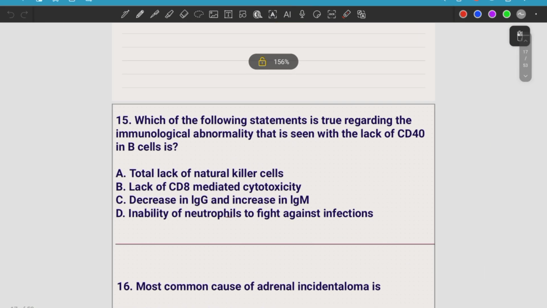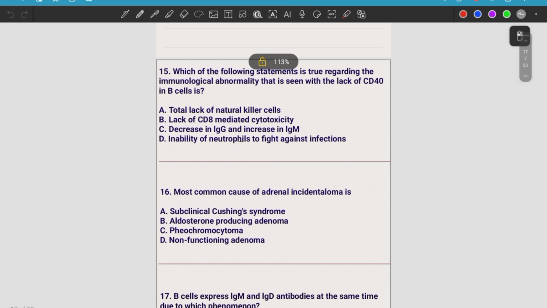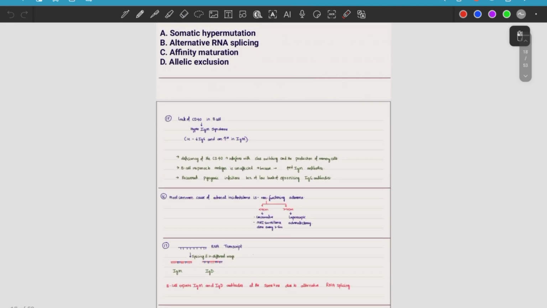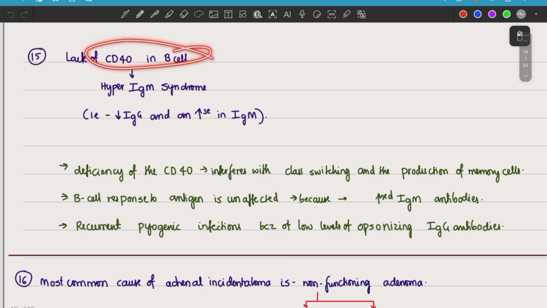Can you tell me? It is decrease in IgG and increase in IgM. See, lack of CD40 in B cell is called hyper IgM syndrome. That is, IgG decreases, IgM increases.